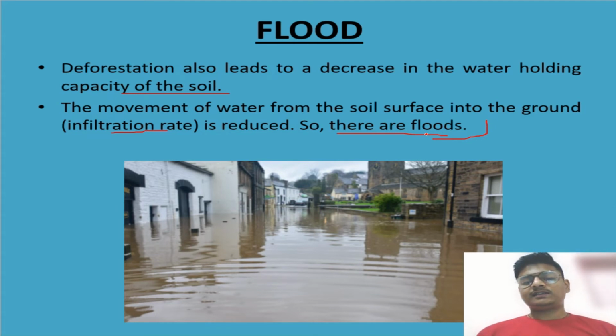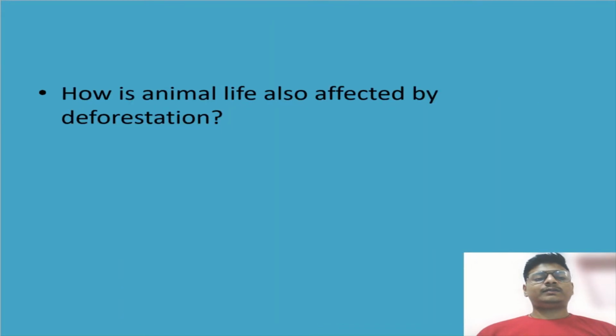Okay students, now there is a question you have to answer in the comment box: how is animal life also affected by deforestation? Till then, let me tell you something about this. See this, if we cut the trees, what will happen to the forest? It will have fewer trees, and then the animals will migrate from that forest to another, and there will be very few animals left.